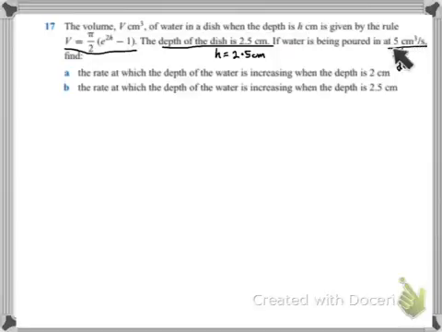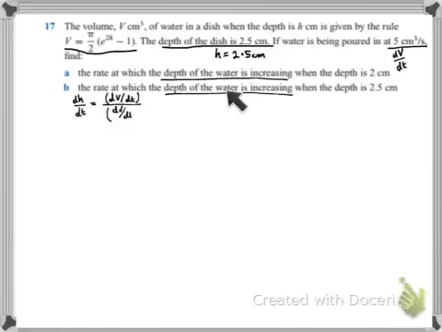So that's a volume with respect to time rate. Now there's the rule of volume in terms of height, in terms of depth. And the job is to find the depth of the water that is increasing. So the rate of the depth is dh/dt. And that's determined by this division of rates, this fraction of rates.